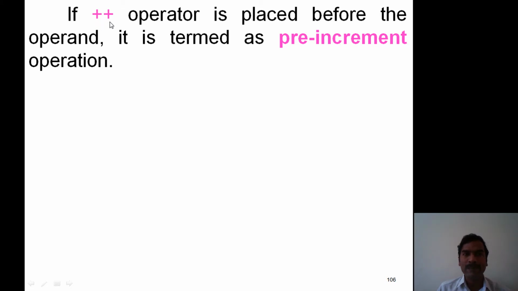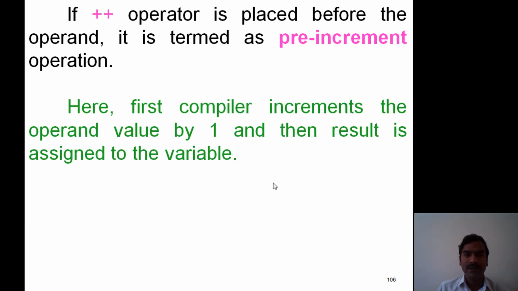If plus plus operator, that means increment operator, is placed before the operand, now the type of the operation is referred as pre-increment operation. So in pre-increment operation, its functioning: first, compiler increments the operand value by 1 and then the result value is assigned to the variable.